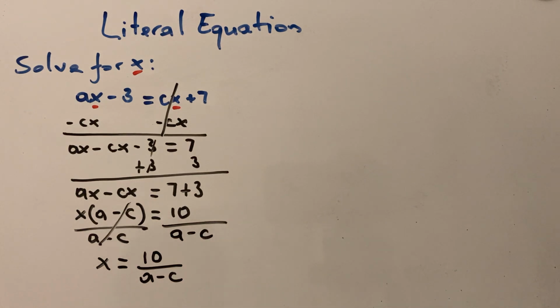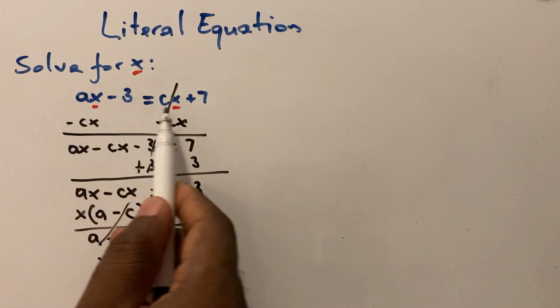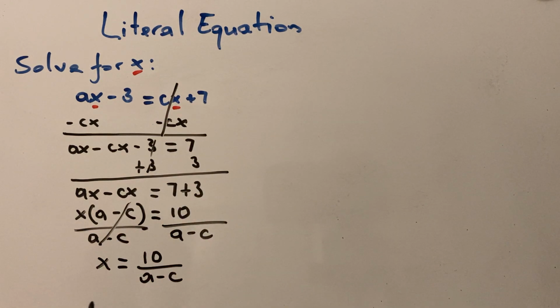We call these literal equations because you're trying to express the variable x in terms of the other variables and numbers you have. You just need to isolate x, in other words, have x on one side by itself. This is just like regular equations in which you would solve for x.